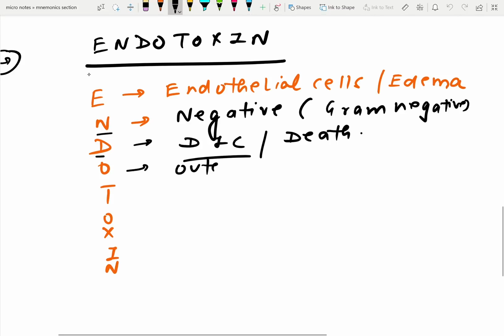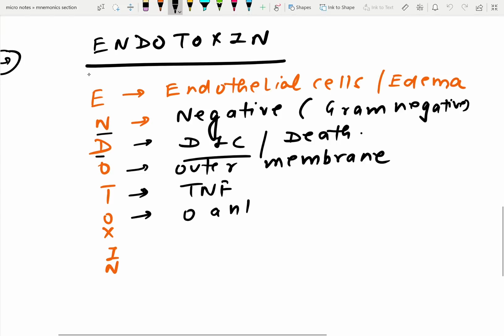The outer membrane, which is present in the gram negative ones, the outer membrane stuff. Okay, it associates with various factors of inflammation, that is tumor necrosis factor and all. Okay, you know the lipopolysaccharide, O, and all that protein. So that particular one, the O antigen, is involved in this. Remember this particular thing also.